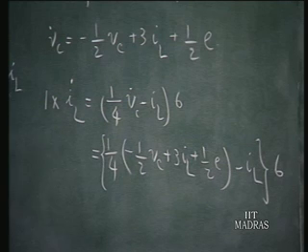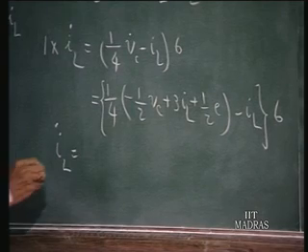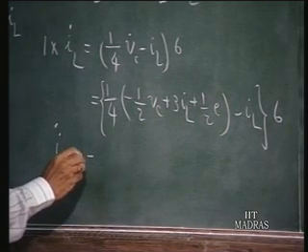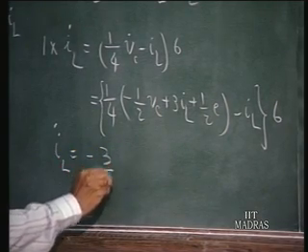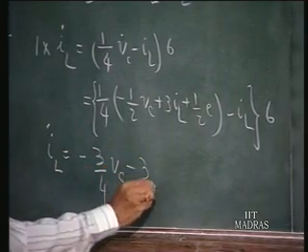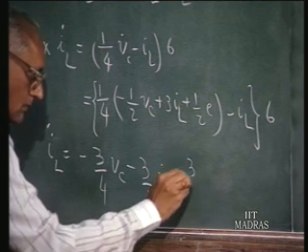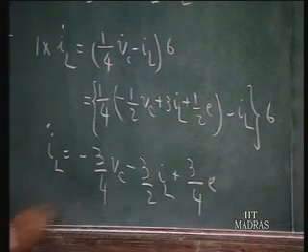And on simplifying this, you can show that IL dot equals minus 3/4 Vc minus 3/2 IL plus 3/4 E.